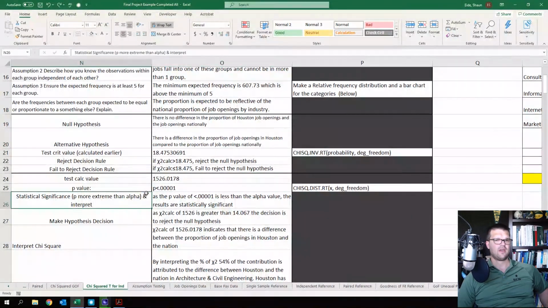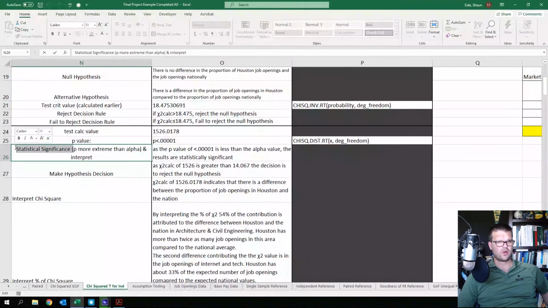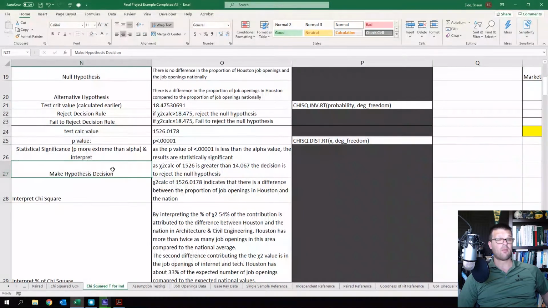Next, is this statistically significant? In other words, is p more extreme than the alpha? That's what we want to know. When you see the term statistically significant, we're comparing p to alpha. When you're making a hypothesis decision, you're comparing the test values.